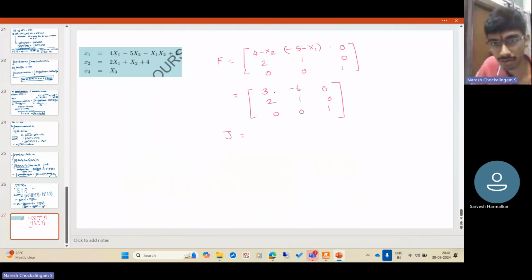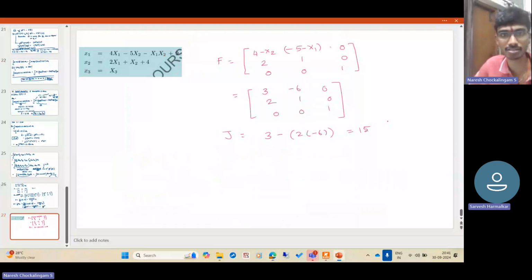So the Jacobian they're asking. Jacobian is 3 minus 2 into minus 6, so it is 12, so it is 15. Is it matching? Yes, the Jacobian is matching. Then the first invariant of the Cauchy stress tensor.